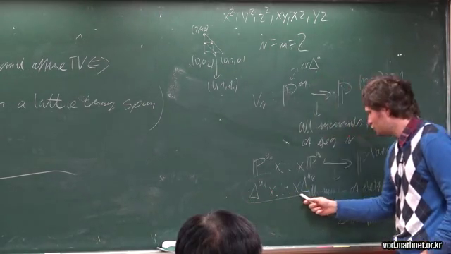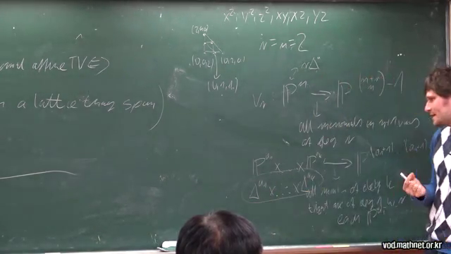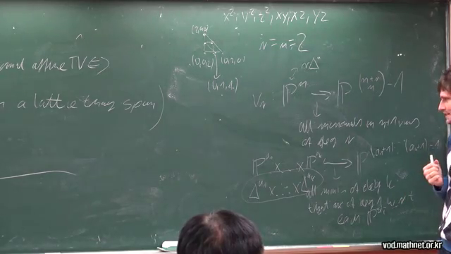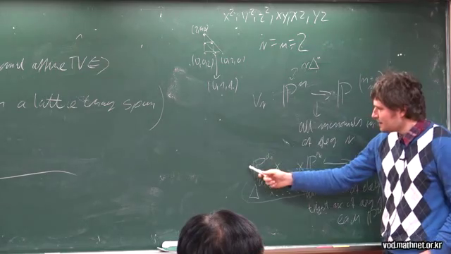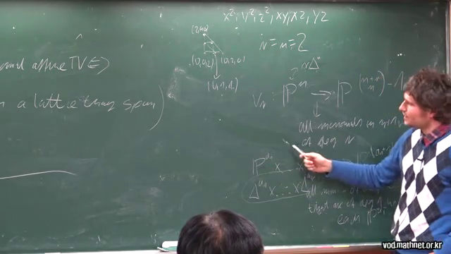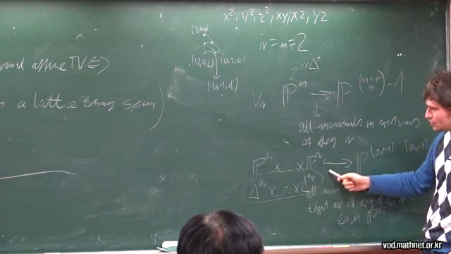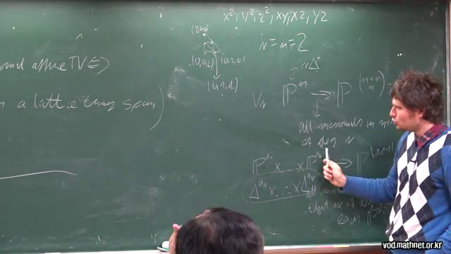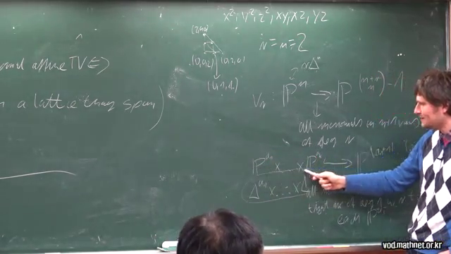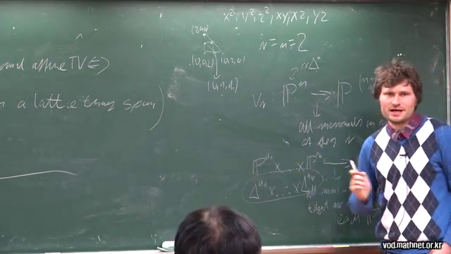How do you do that? Well, the vertices of the polytope correspond to torus invariant points of the toric variety.